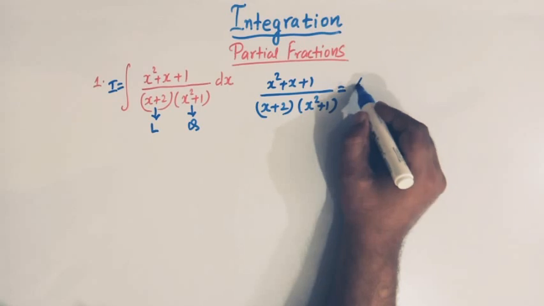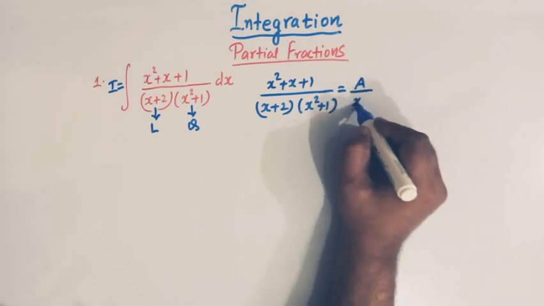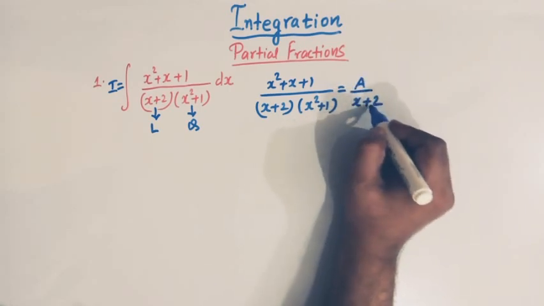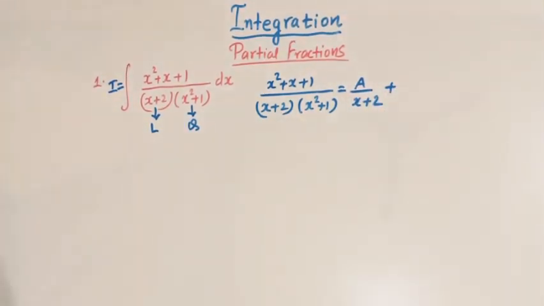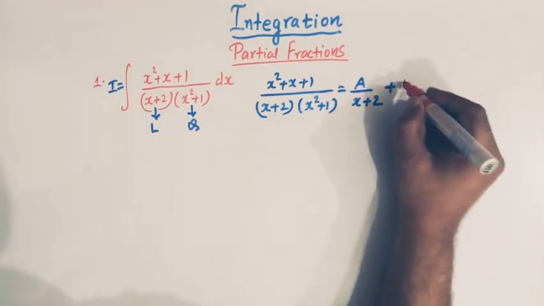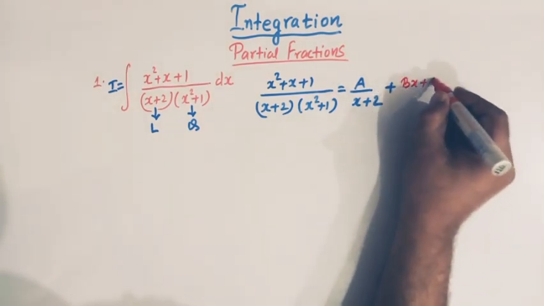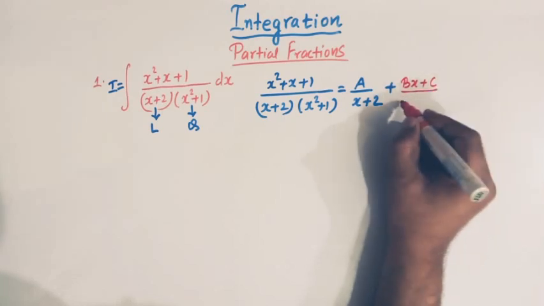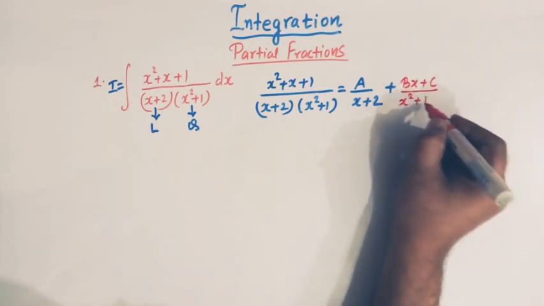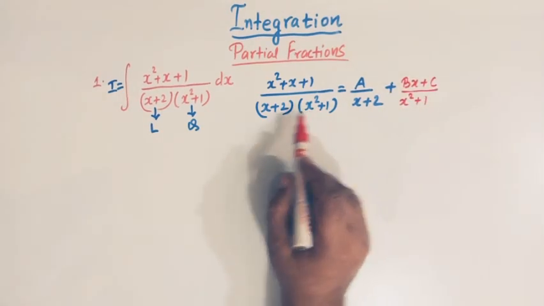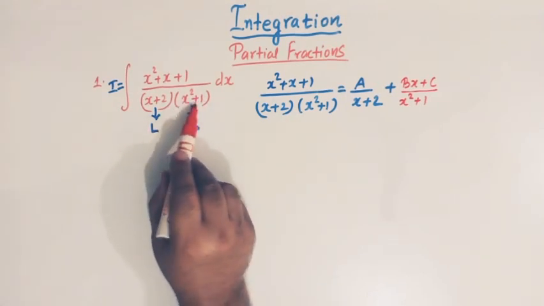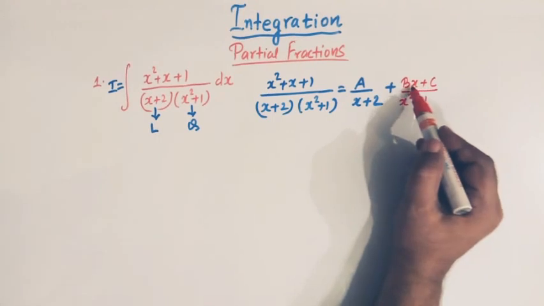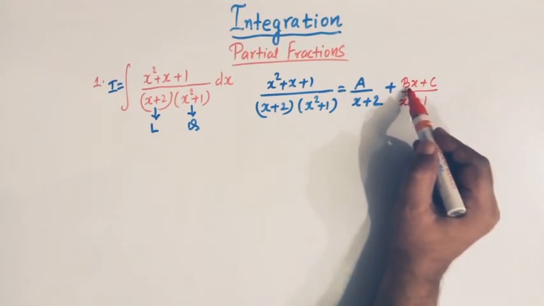The first one is a divided by x plus 2, so here we have the linear factor, and then we have bx plus c divided by x square plus 1, right? Because whenever we have a quadratic function in the denominator, we have the numerator in the form of bx plus c.